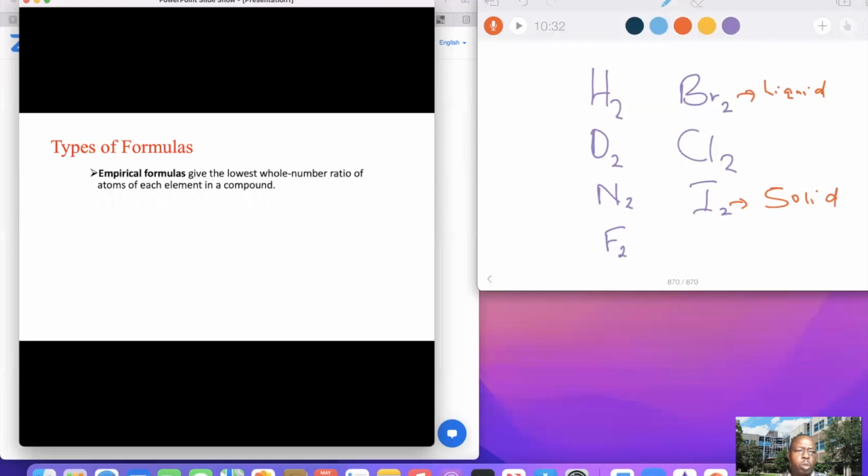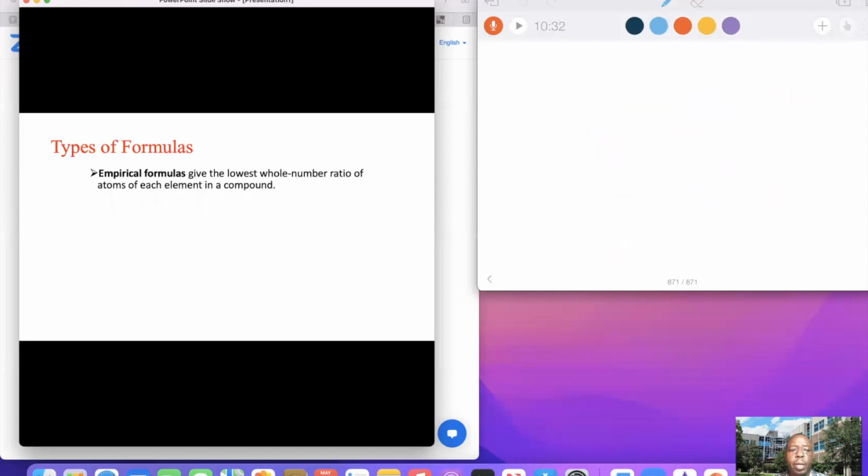Let's see, there are two types of formulas. Empirical formula, sometimes abbreviated as EF.